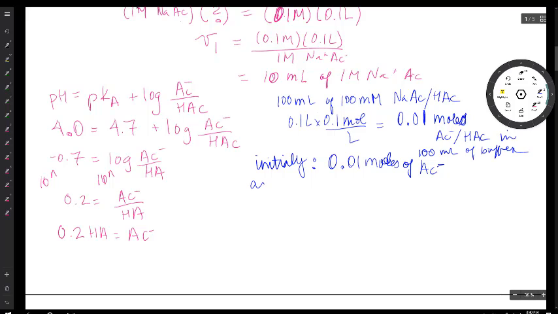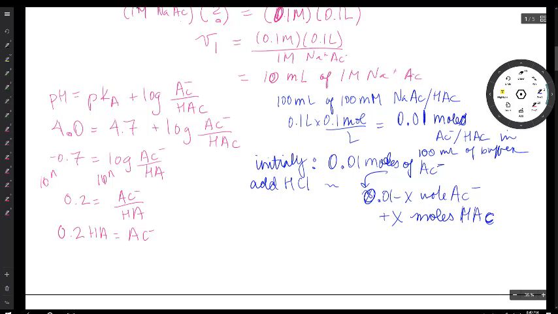However, when we add HCl, some of that is going to stay the acetate ion. However, a certain amount is going to be converted into acetic acid.